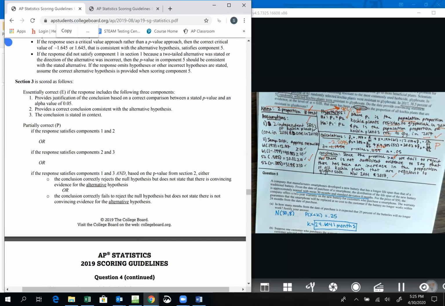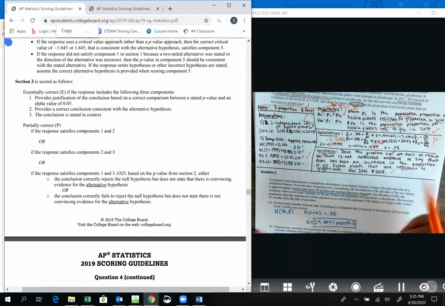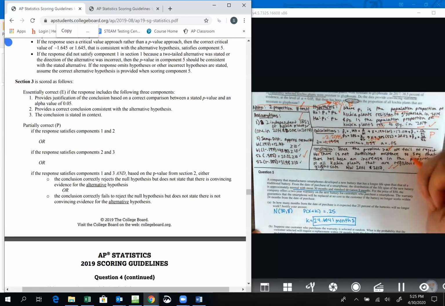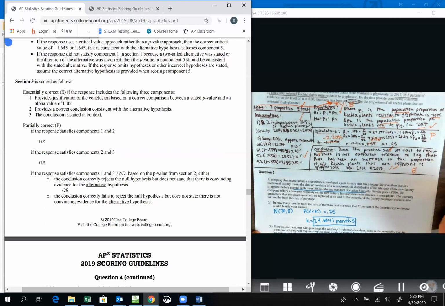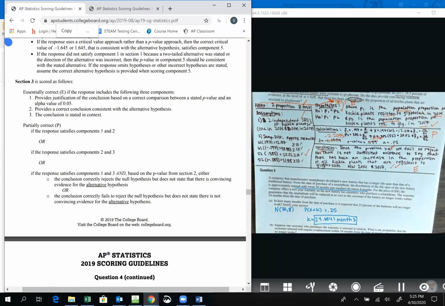The conclusion is stated in context. Yes, I definitely have the context there. So even though my p-value was wrong, I still get an essentially correct on the conclusion. So even though the p-value was wrong, my answer was right based on that incorrect p-value. So I still get essentially correct here.